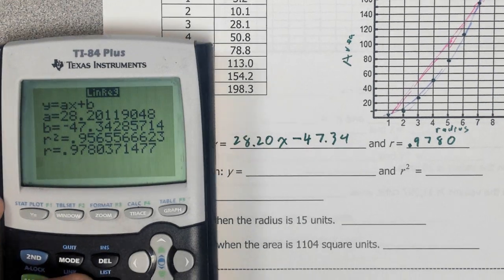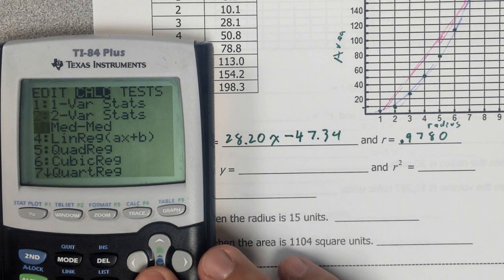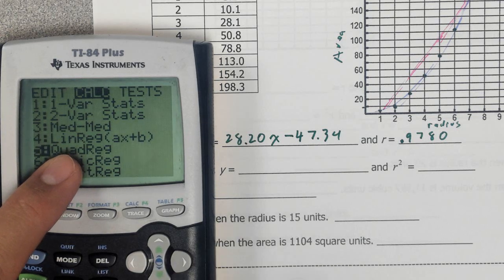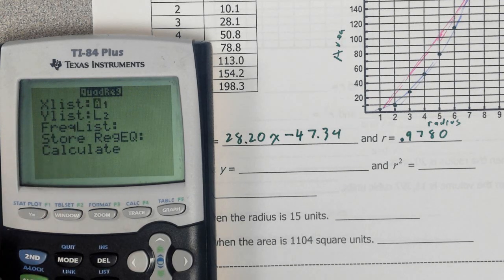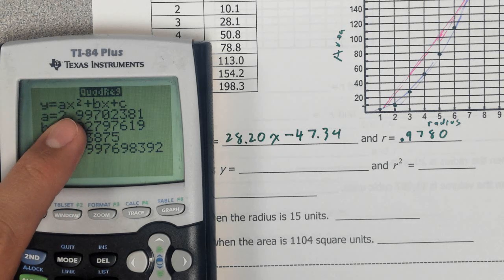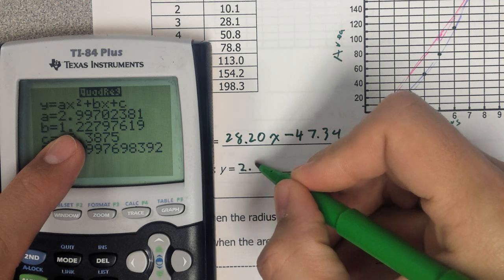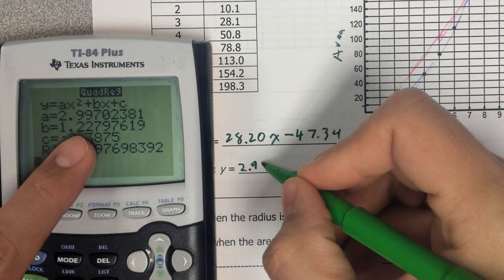Now let's do a quadratic regression. You don't have to do anything extra. You just go to stat, calc, and instead of linear regression, we go down to quadratic regression, press enter. Same thing. There it is. Here's my new equation. I have A, B, and C to put in. 2 decimal places here. 2.9, well, that would round to 3.